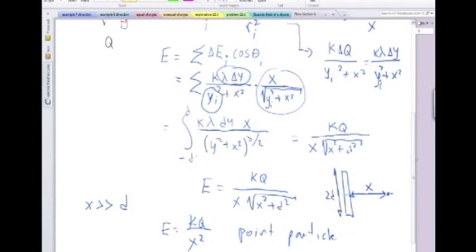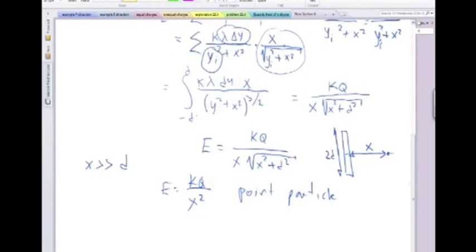Then the other limit is when x is much smaller than d. For x much bigger than d, the rod is tiny and you're out here, right? The other limit that I want to look at is when you're really close to it. So the rod is here and you're really close to it. That's your x. And the rod has a length 2d.